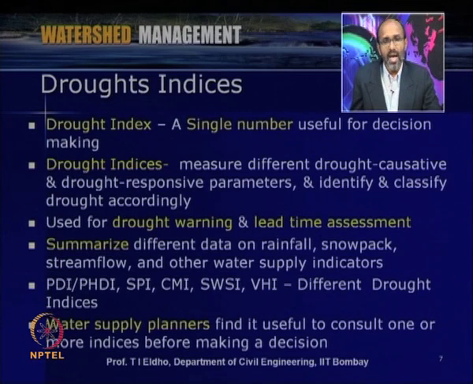Generally water supply planners find it useful to consult one or more indices before making a decision. There will be a lot of uncertainties with respect to each of these indices. So for long term planning and management, instead of choosing only one kind of index, we can choose more than one index, analyze the various scenarios, and then come up with certain conclusions.